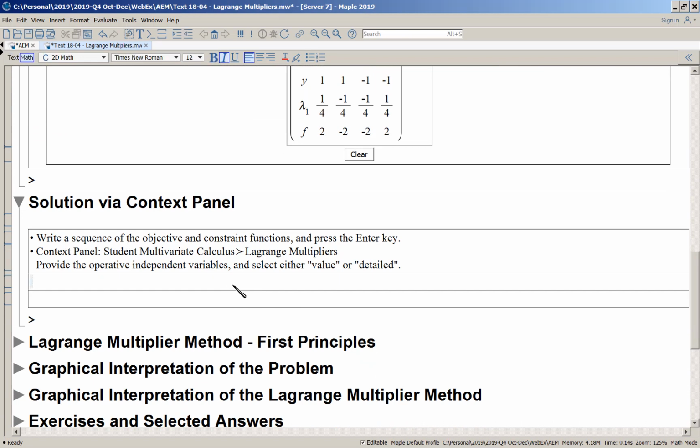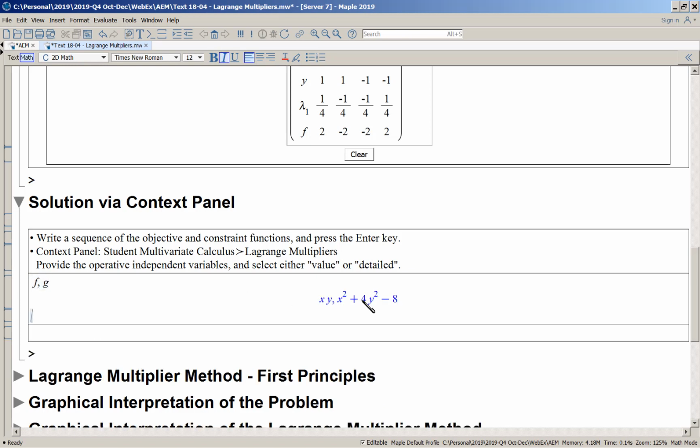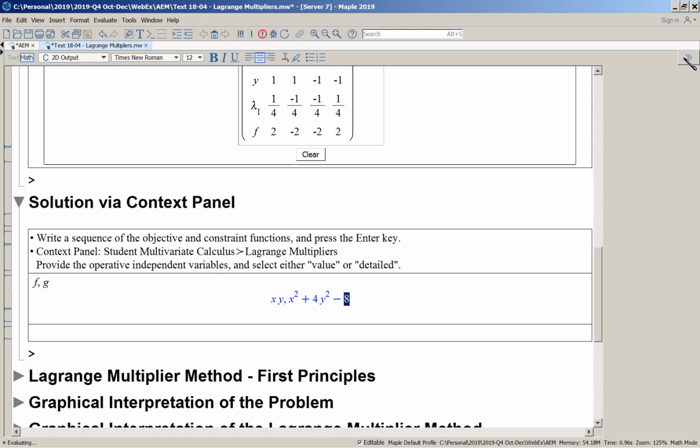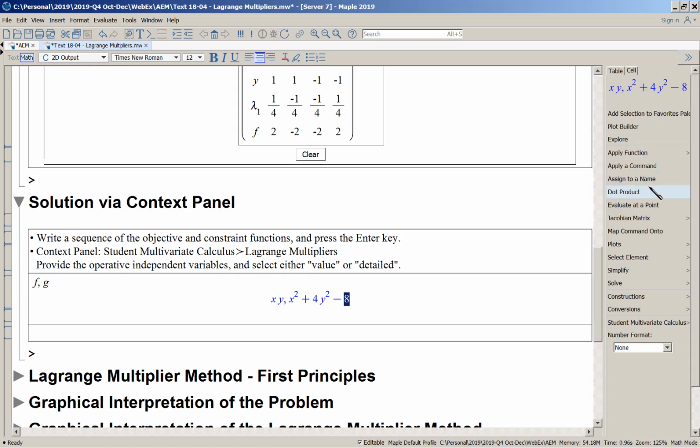The way you do that is you make a sequence of the functions f and g, and then in the context panel go down to student multivariate calculus, and the only thing that makes sense to inflict on this sequence of 2 functions is Lagrange multipliers.